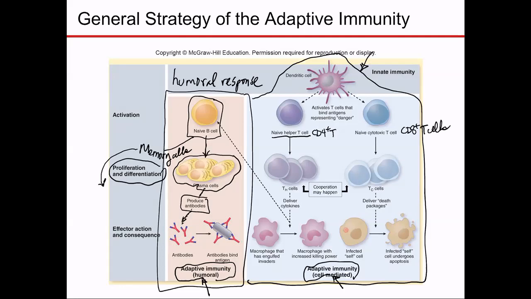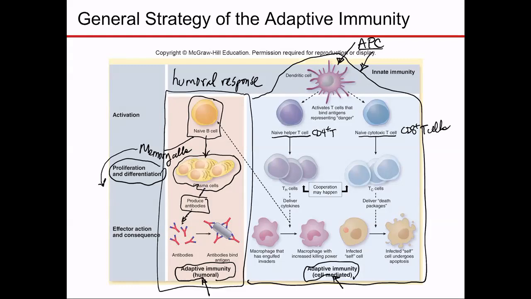These cells, at the very beginning when they are produced in the bone marrow and then transferred to the thymus to mature, at this point are considered naive T cells because they have not encountered the antigen for which they're made yet. As soon as an antigen presenting cell, like this dendritic cell, presents that antigen to them, then they could be activated.